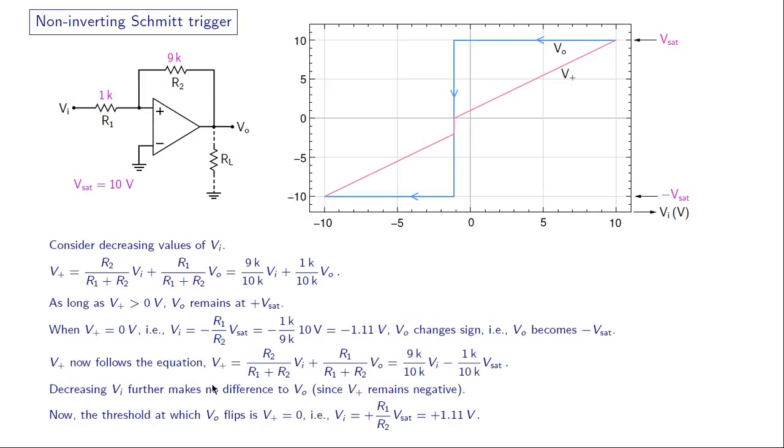That is given by V plus equal to 0. So we have 0 equal to 9 by 10 times Vi minus 1 by 10 times 10. So Vi turns out to be R1 by R2 times Vsat, or plus 1.11 volts, like that. And now if we keep increasing Vi, Vo will not change, and we have completed the Vo versus Vi picture.